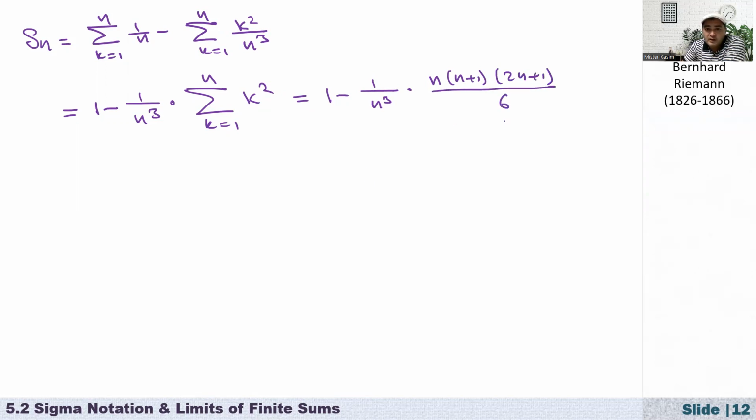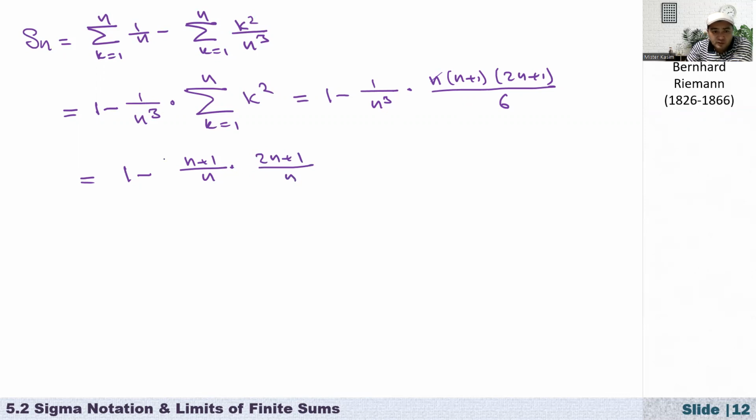Now I'm going to evaluate this limit. Before this, let me write this in a suitable way so that it will be easy to calculate this limit. So that's equal to 1 minus, this n is gone, so here we have n plus 1 over n times 2n plus 1 over n, because in the denominator we have n squared.